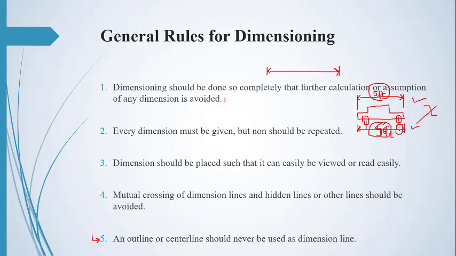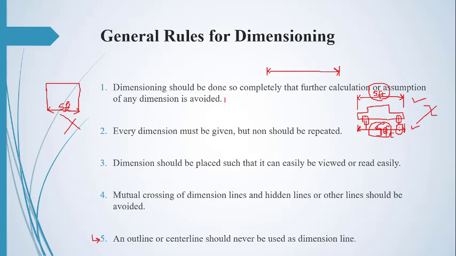Like I have a square like this one and I want to use the same square side for a dimension like this position. So this side is 5 feet, and taking the same outline as a dimension is not acceptable in engineering drawing.